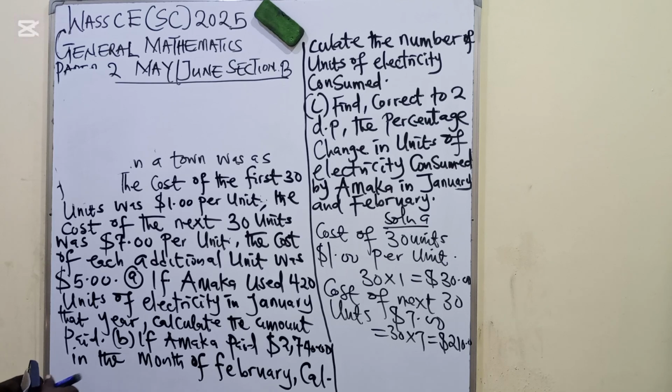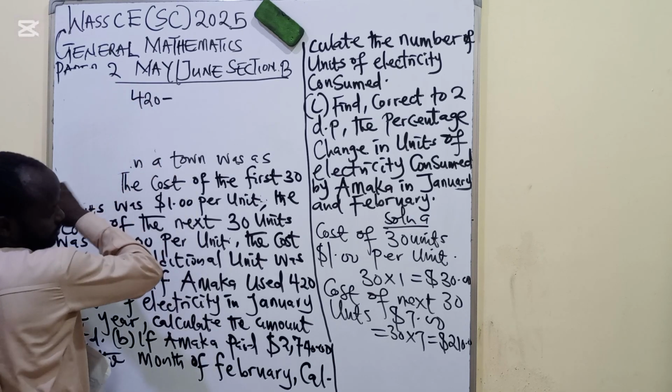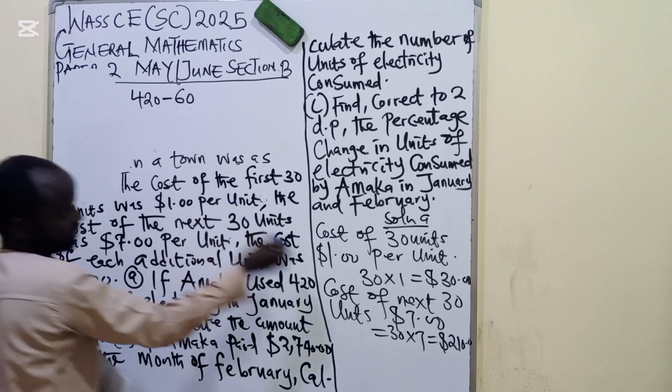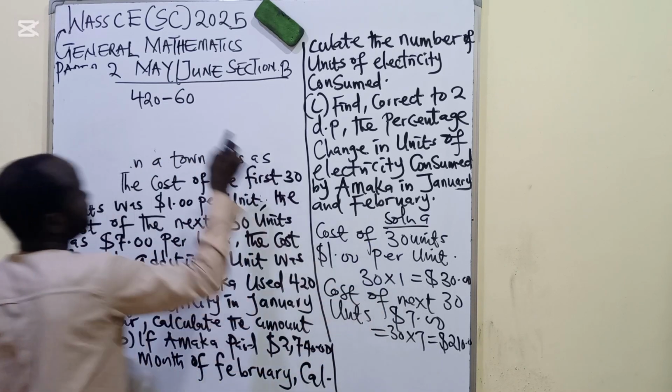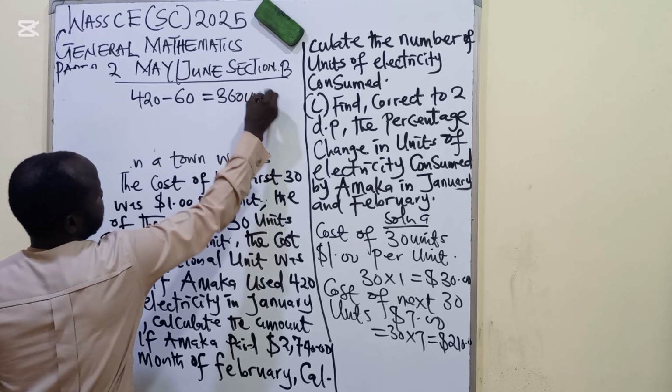Very important. So we now say 420 minus 60 units, that's 30 plus 30. And that will be 360 units.